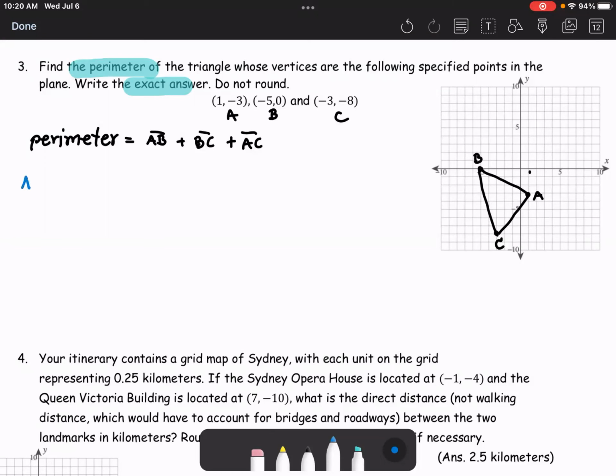So for the side AB, the coordinates for point A are 1, -3, and the coordinates for the point B are -5, 0.